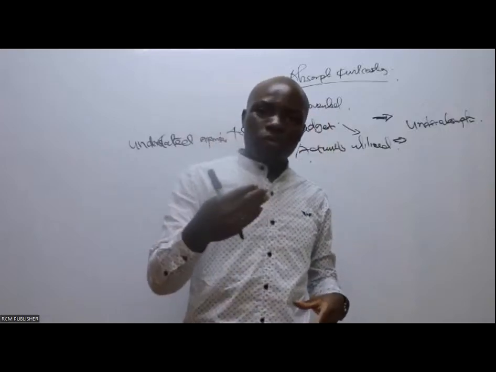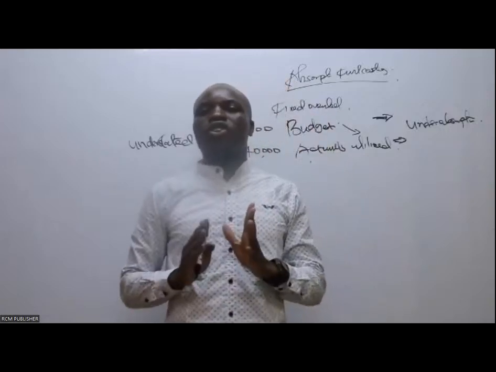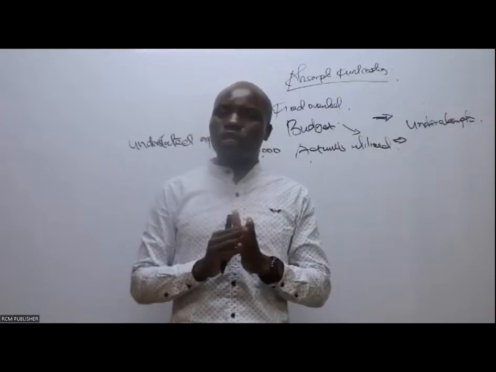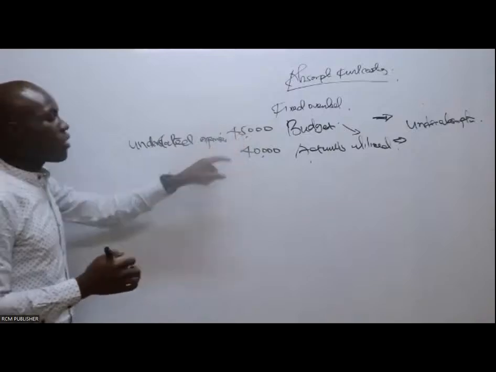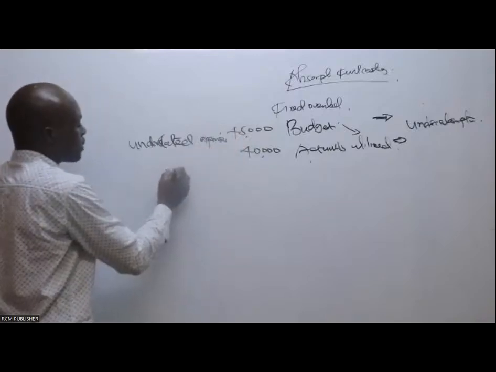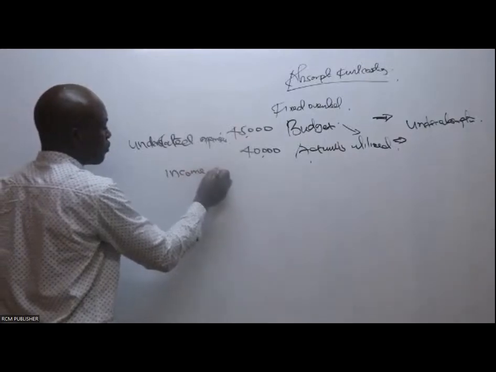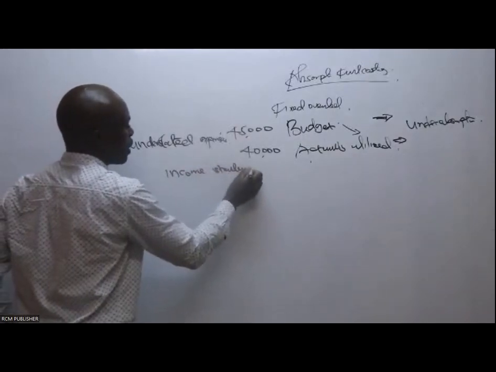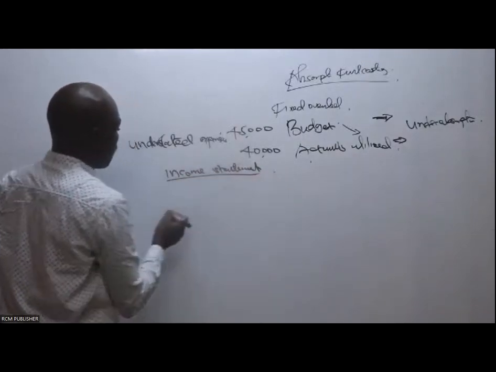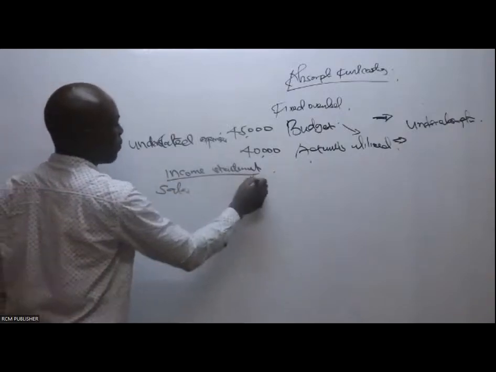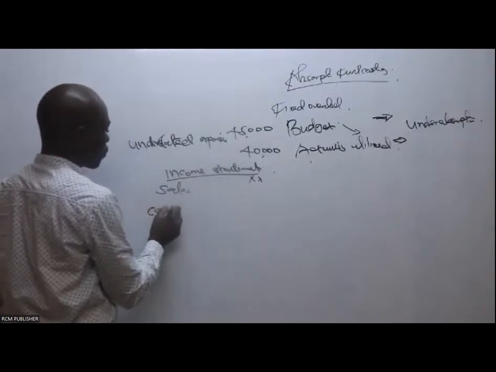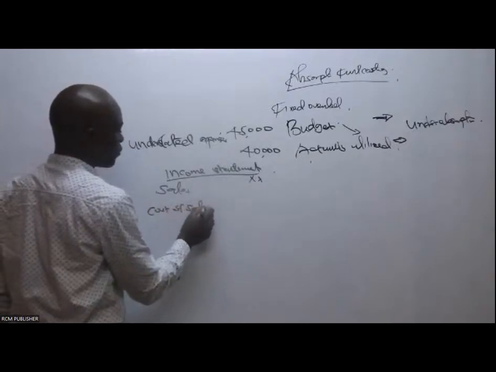To take my profit to the right place, what will I do with the understated portion? I will go to my income statement. I have here sales. I indicate the amount. Then cost of sales.